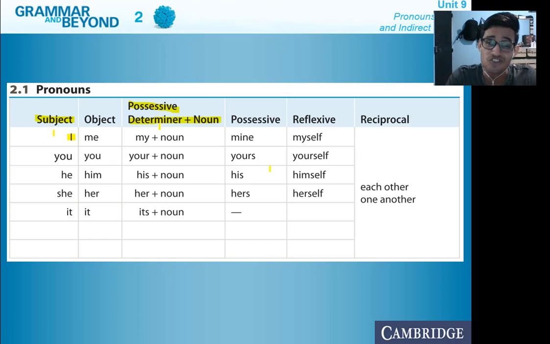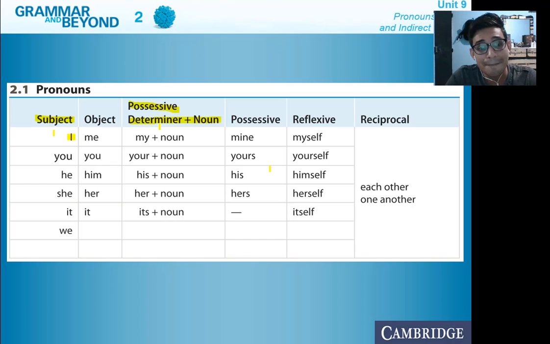Can have possessions, okay? So that's why. Then we have itself. The dog bit itself. Okay, maybe he was chasing his own tail and he bit himself or itself, sorry.